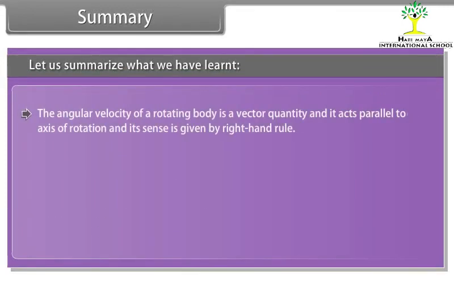The angular velocity of a rotating body is a vector quantity and it acts parallel to the axis of rotation, and its sense is given by the right-hand rule.